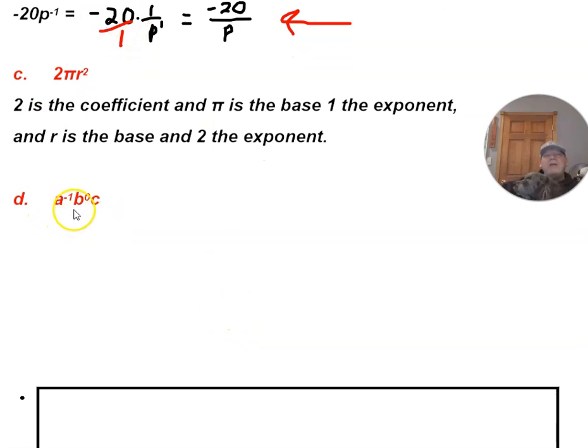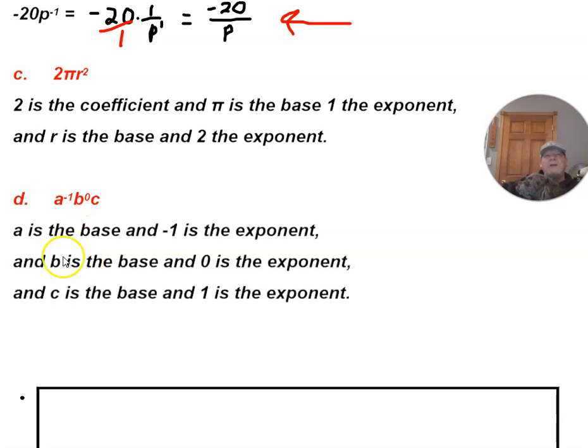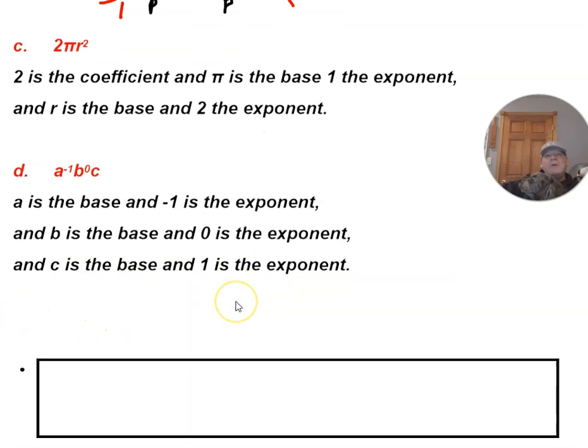D, A to the negative 1, B to the 0th, C. This has some of that 8th grade stuff in it again. A is the base, negative 1 is the exponent, B is the base, 0 is the exponent, and C is the base, and 1 is the exponent. But how can I simplify that? Well, it's not that tough.